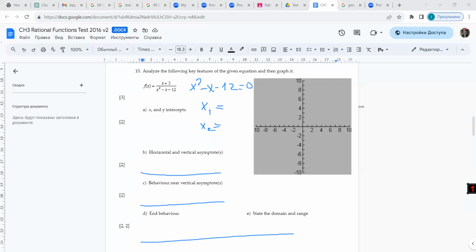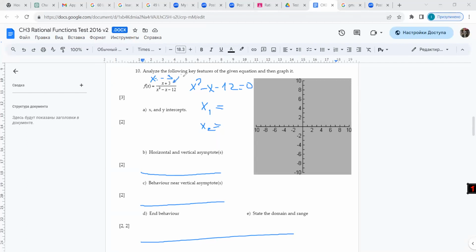1 over negative 1 divided by 7. No, I don't agree with that. 0 is not a discontinuity in your domain. So what's happening here? If you substitute x equals -3, what do you see?